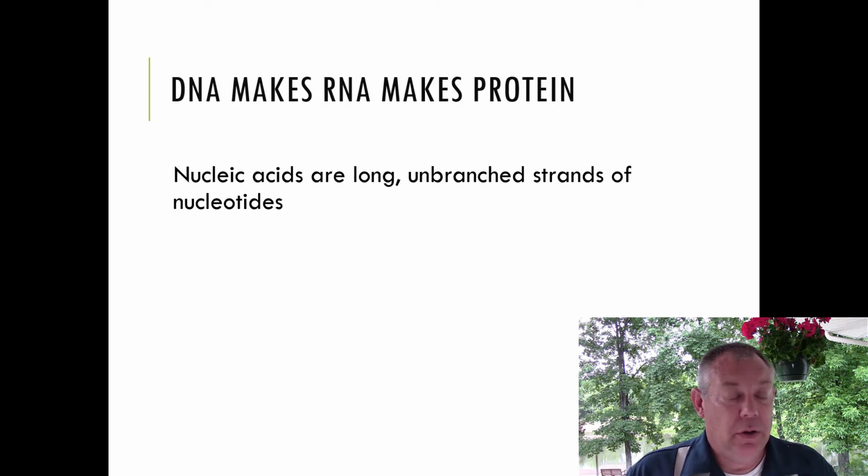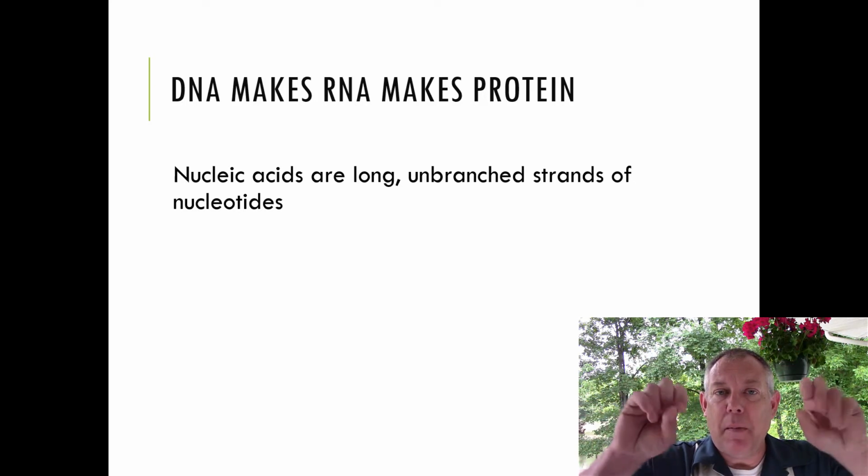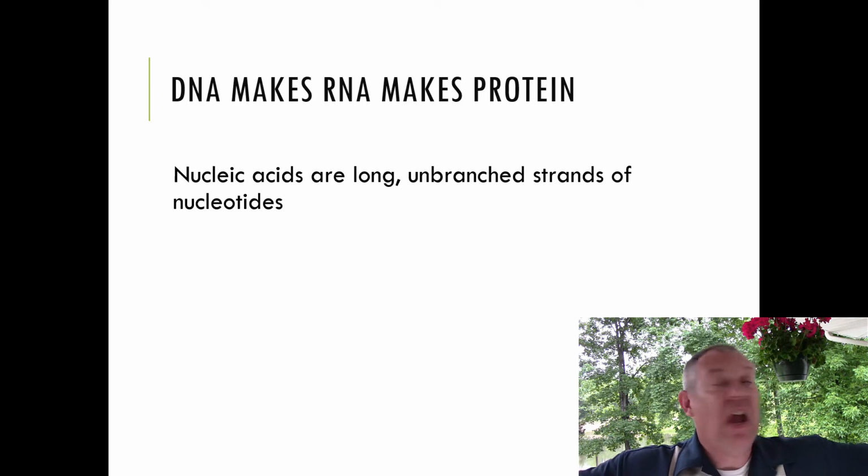So nucleic acids, your DNA or your RNA, are long, unbranched strands of nucleotides. Remember we said that about proteins, right? Proteins are long, unbranched strands of amino acids. So it makes sense that they both have the same basic shape. Since DNA makes RNA, makes protein, they're all just a long chain of monomers, right?